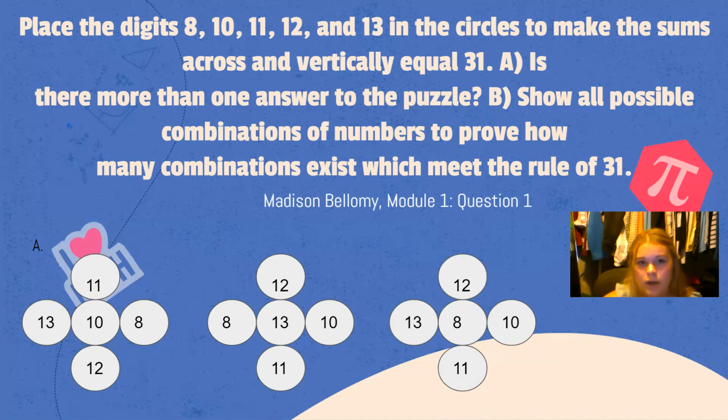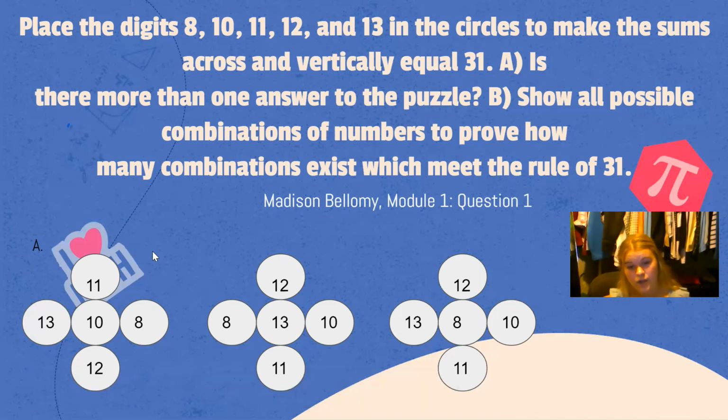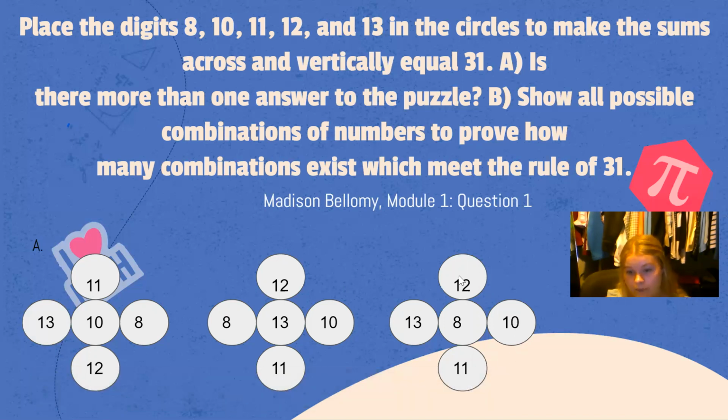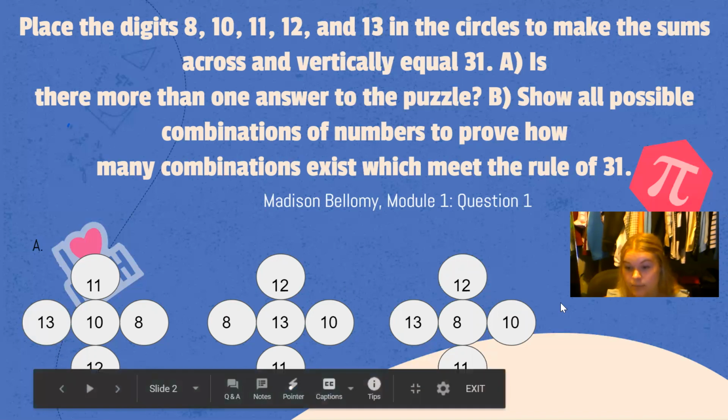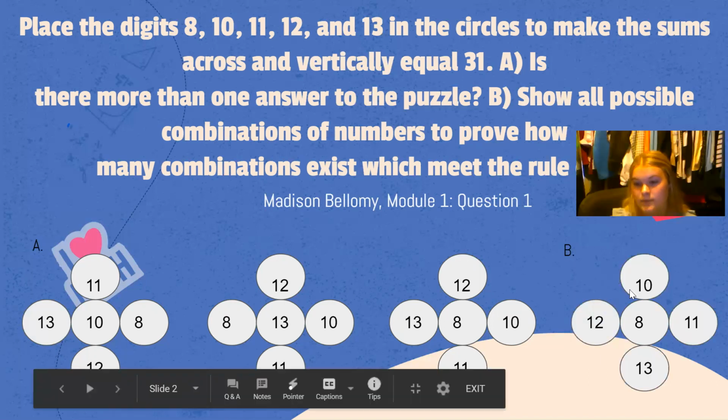All right, so our next part of the question is asking us, are there any more combinations that equal 31 horizontally and vertically? Well, we saw from these other graphs that no other combination is going to work that we haven't already tried. Of course, we could switch up the 13 and 10, switch those around in the 12 and 11, or have the 12 and 11 sit horizontally while the 13 and 10 sit vertically, as we can see here.